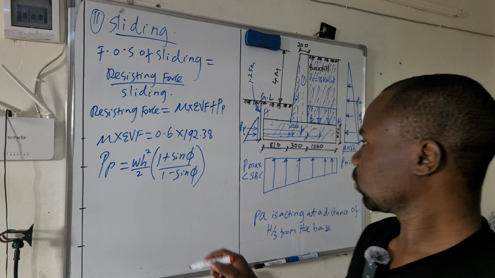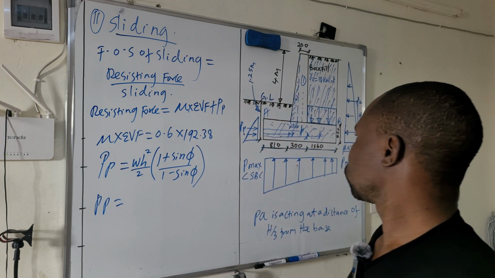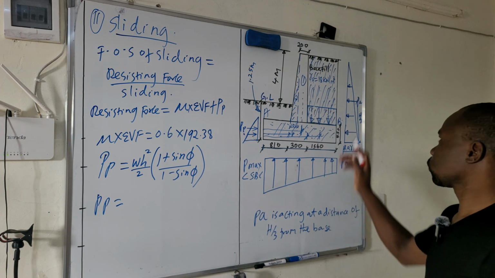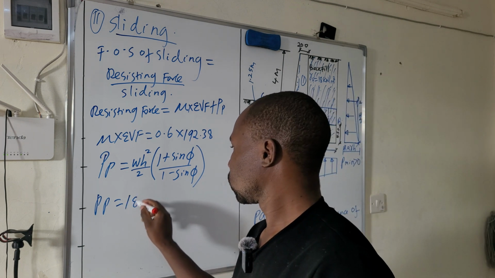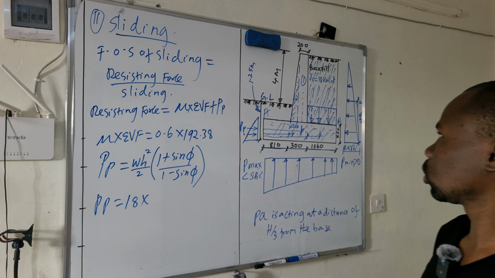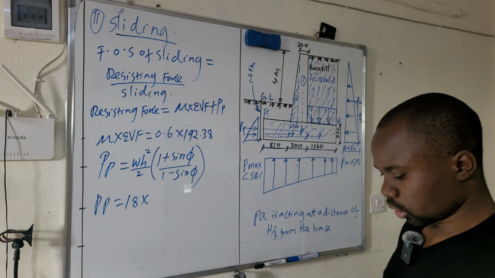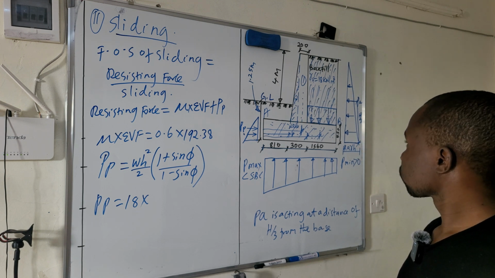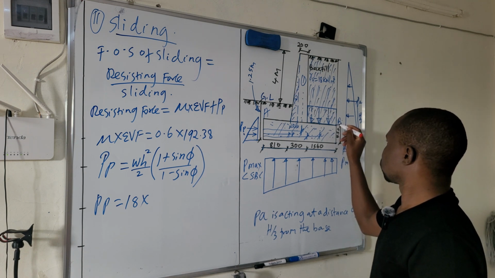So passive pressure is equal to the unit weight of soil, which is 18, times H squared over 2. So H will be 0.45 from here to here.